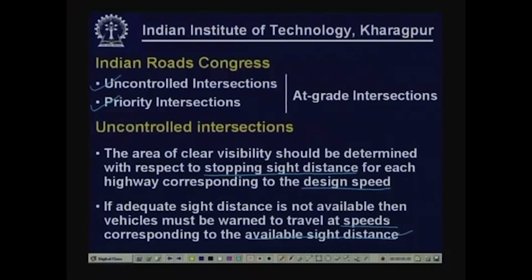Now, it could be done like on both roads one can restrict the speed, or it could be done the other way, like for one road one can assume the design speed, and then on the other road, whatever is the available side distance, accordingly the speed restrictions can be imposed. But the basis is SSD or the stopping side distance.